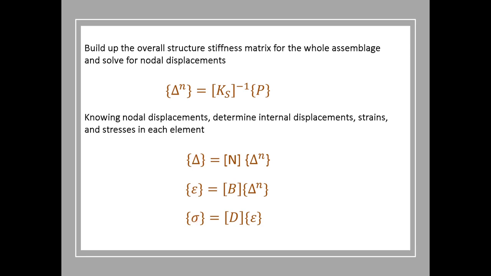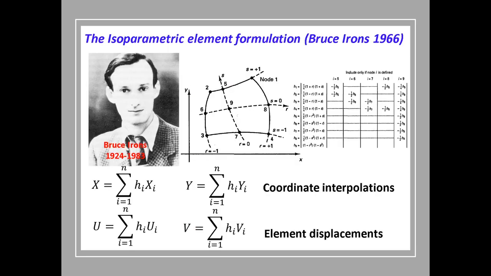As shown, this formulation provides strains and stresses at a single location in the element, which is one of its limitations. Professor Irons of Swansea University in the United Kingdom developed the idea of iso-parametric elements to get around this restriction.